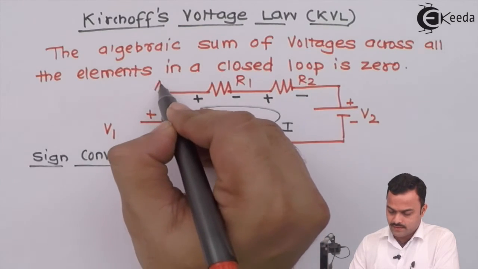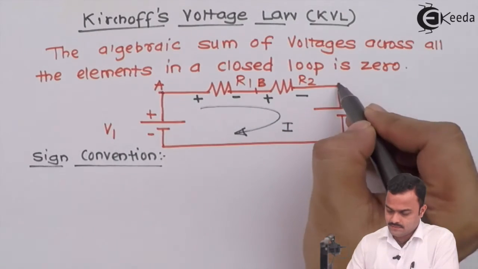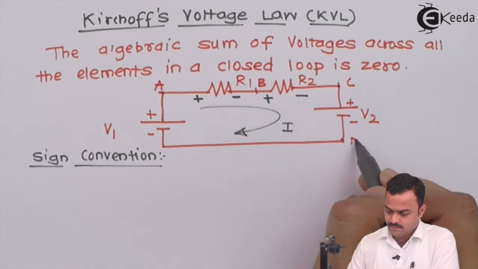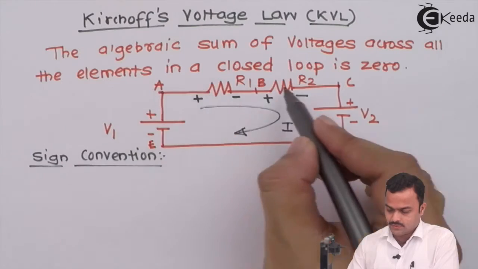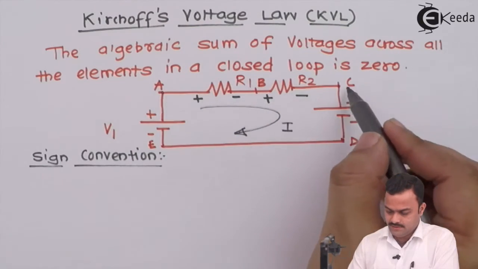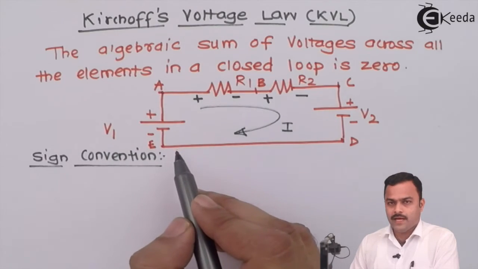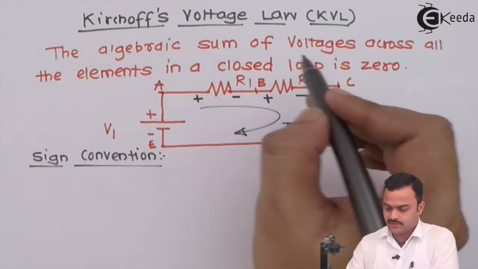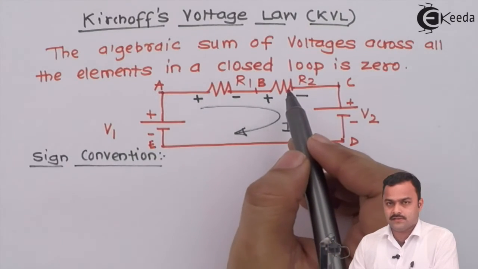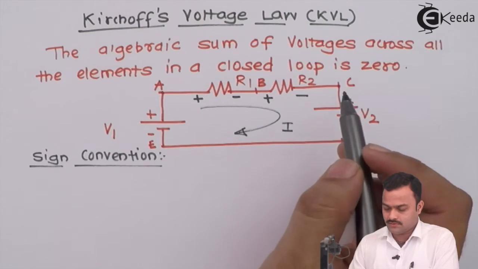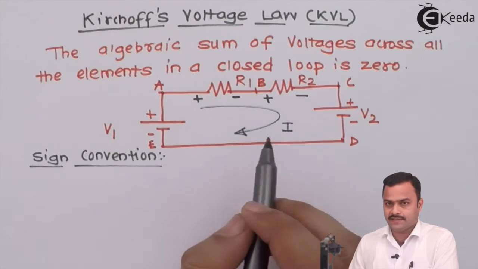Let's consider this is point A. Let's see, this is B, C, D, E, and back to A. So basically there is a closed loop A, B, C, D, E, A. In this loop, we have to apply KVL, Kirchhoff's voltage law, and we have to verify whether the algebraic sum of the voltages across all the elements is 0 or not. Rather, we have to apply and make it 0 so that we can say KVL is being applied.